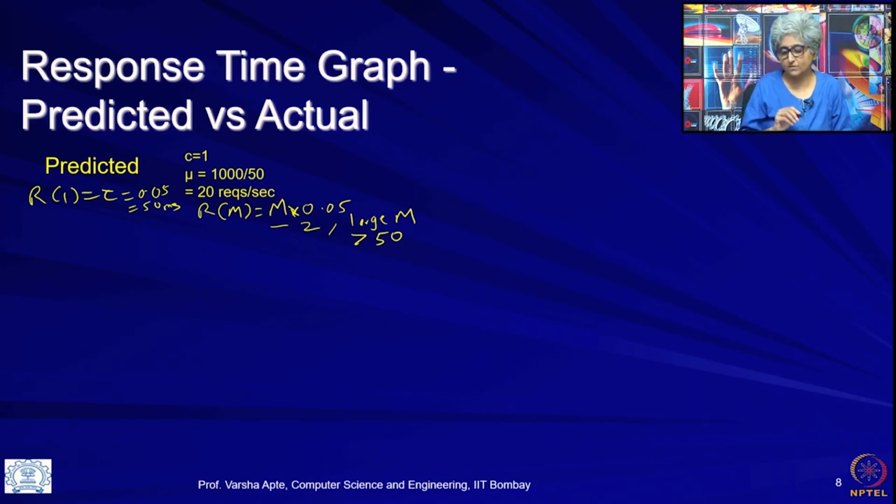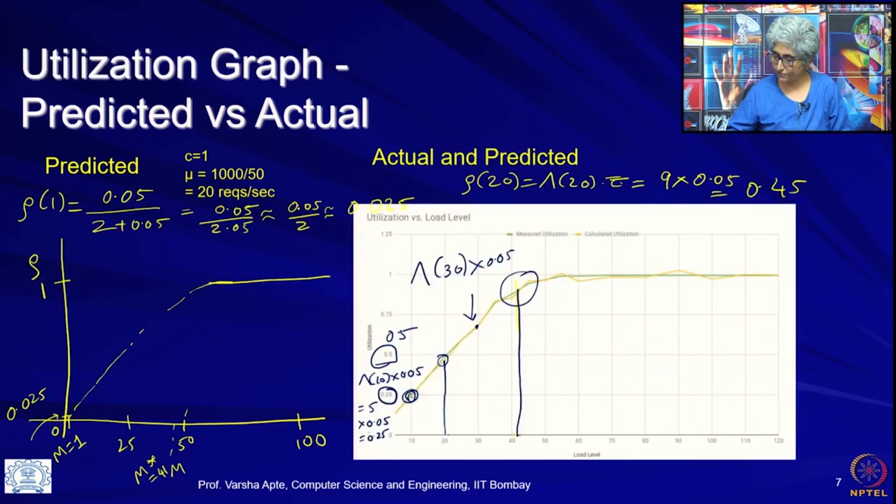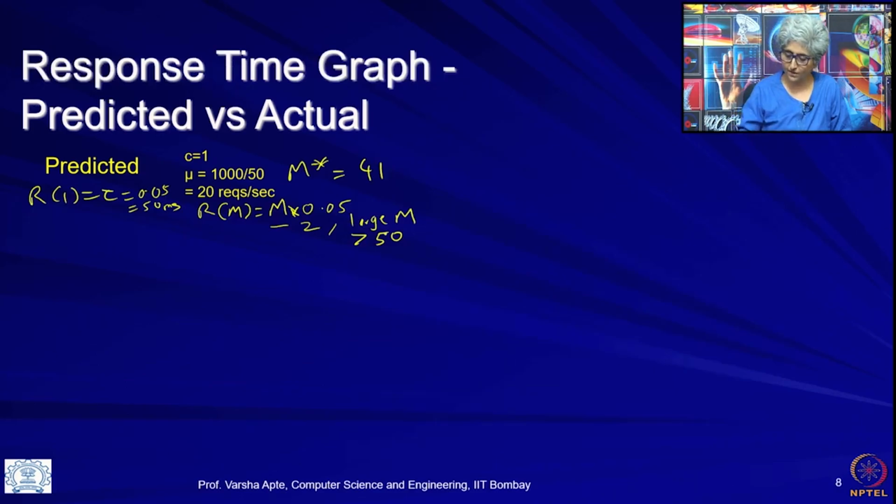So, remember, m star is 41, 41 is where the knee of the curves are, 41 is where saturation is approaching. So, beyond 41, we have seen here at around 50 or 60 and onwards, the system is definitely getting saturated, is going to 1. So, we can say either 50 or 60 is after which this particular formula for response time should apply.